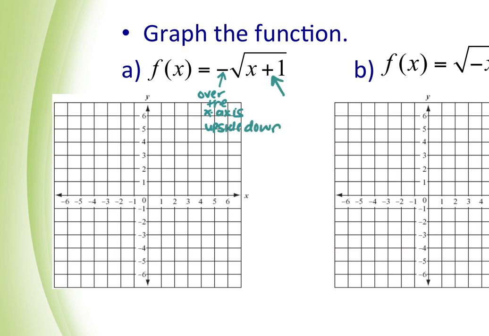And the plus 1 means left 1. So I go left 1 and I draw my square root pointing down. Yes. It was outside the square root. Then it points left. The one, oh, then it's a vertical shift.